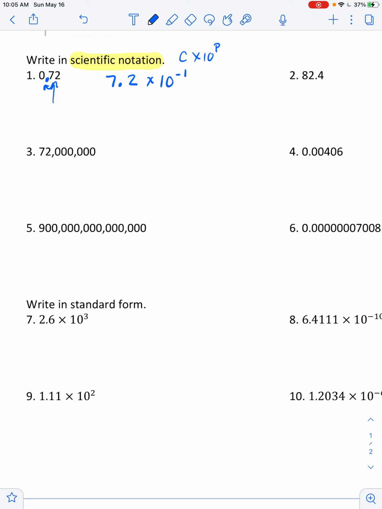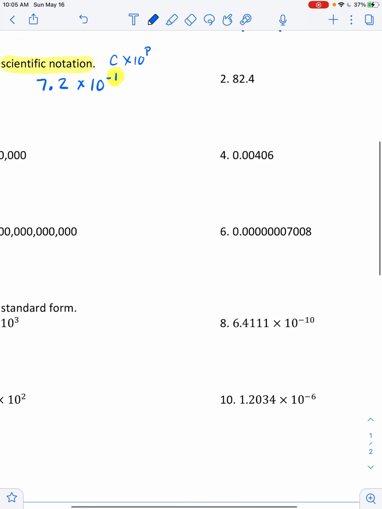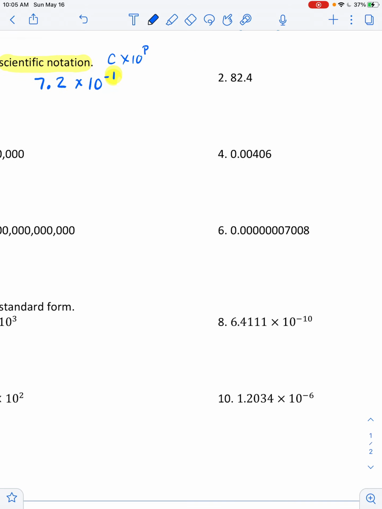So again, keep in mind that when you start with a decimal, like a really small number, you're going to end up with a negative power. And when you have a really large number, you'll end up with a positive power. Now here, I do have a decimal, but I'm going to have to move my decimal point over to make it scientific notation.